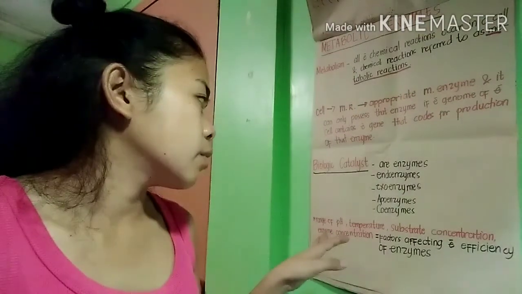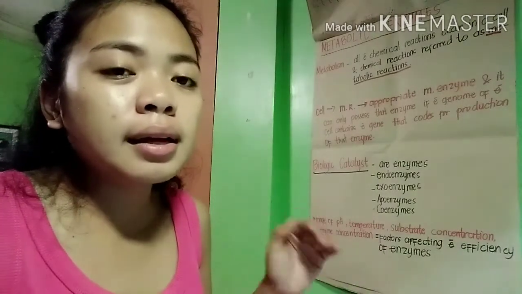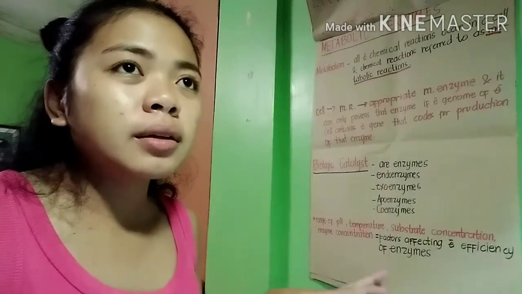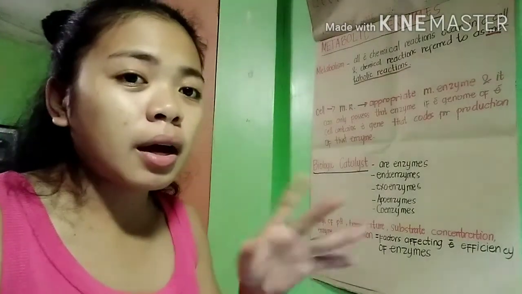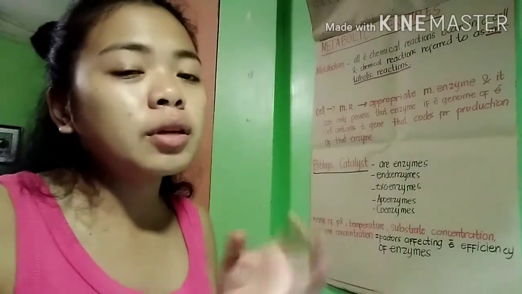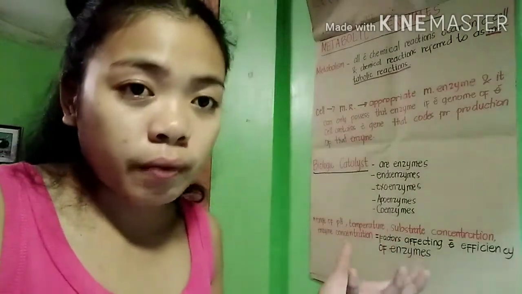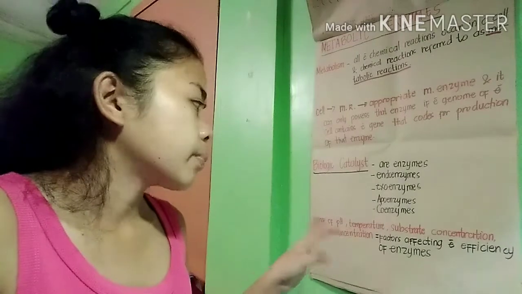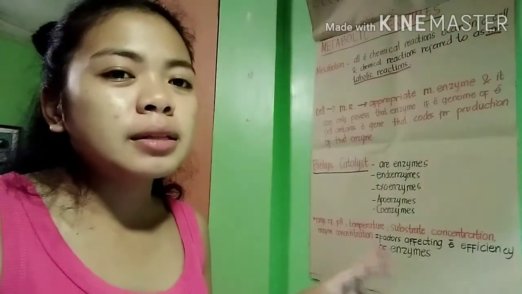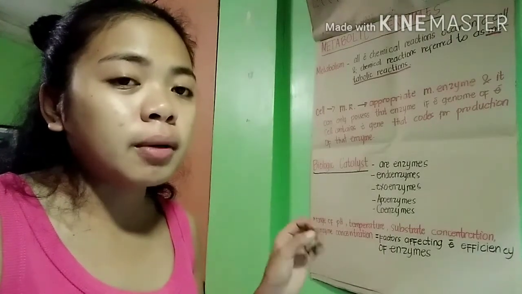For the range of pH, whether acidic or alkaline, the active site will be altered, so it can no longer break down the specific substrate, and so the function of the enzyme is altered. For temperature, an enzyme is not good with overheating because its structure is damaged.